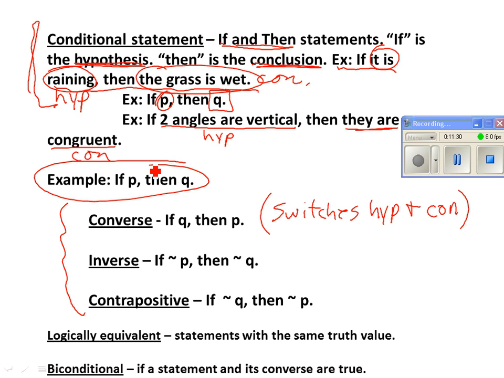No, you always go back to the original statement. So on the inverse, it doesn't switch. It negates, which just means to make negative, the hypothesis and conclusion. So it negates both parts, negates the hypothesis and the conclusion.